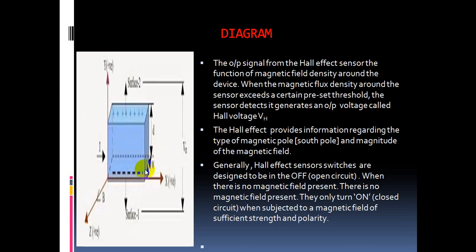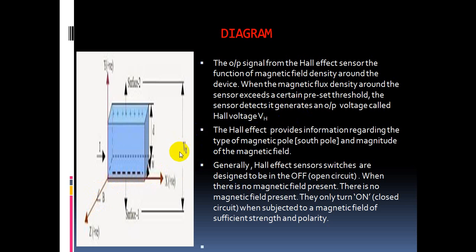Come to our Hall effect sensor. A sensor always senses a particular parameter, and that is detected by a voltmeter. So here we give a constant magnetic field value, that is a preset value. So here the B value is a preset condition. That means we are restricted to a certain value. So we are giving a certain B value, then corresponding to the magnetic field a voltage is developed.